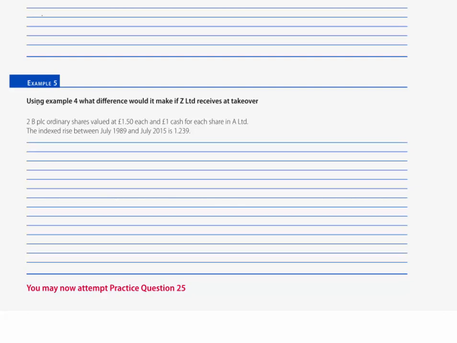So, using example 4, we're told here, what difference would it make if Z Limited receives at takeover? Now, what did we have? We're still getting 2 BPLC ordinary shares that are still valued at £1.50 each. But instead of one preference share in BPLC that is worth £1, we get £1 cash for each share that we had originally had in A Limited.